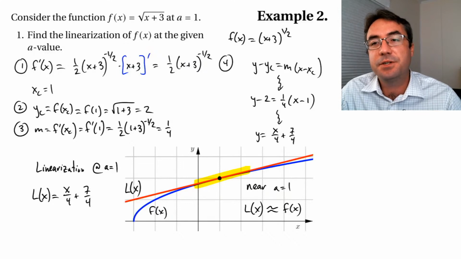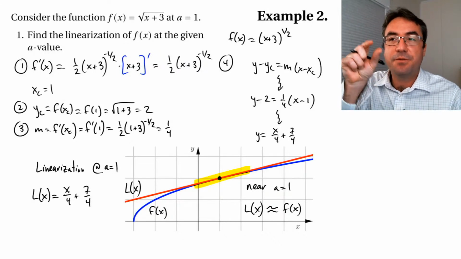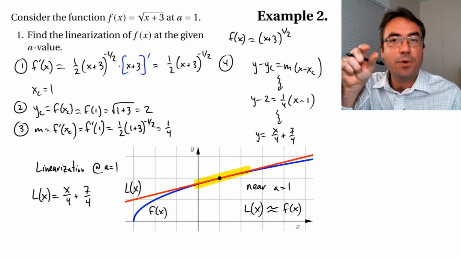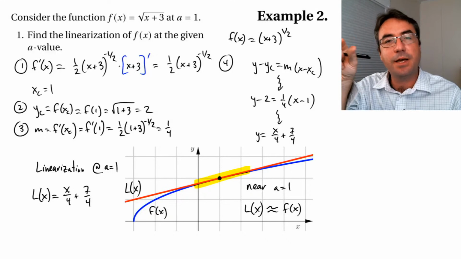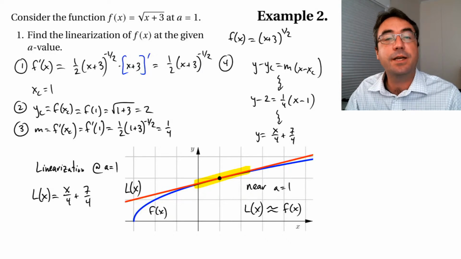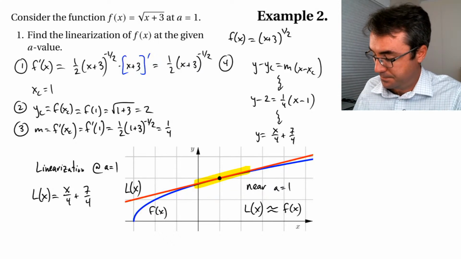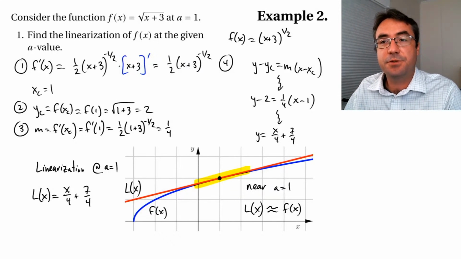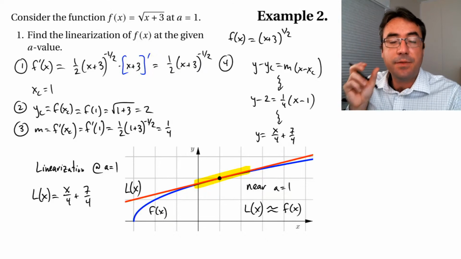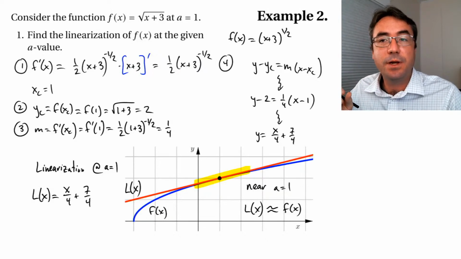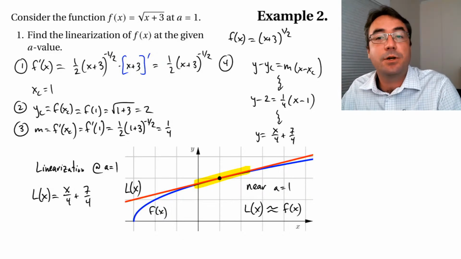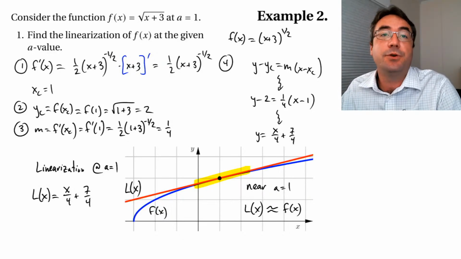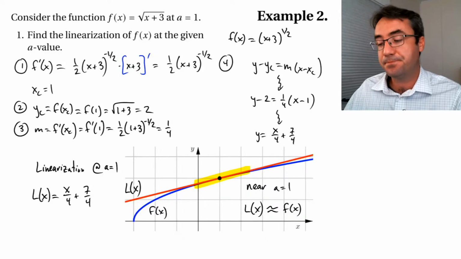If a function's differentiable, we could think of every point along the curve there: if we were to zoom in on it, it would look like it's part of a line segment. And that's what we're seeing in this graph. If we look right around that a value of a equals 1, our square root function really is behaving very similar to what just a line would do. Looks very close to it.